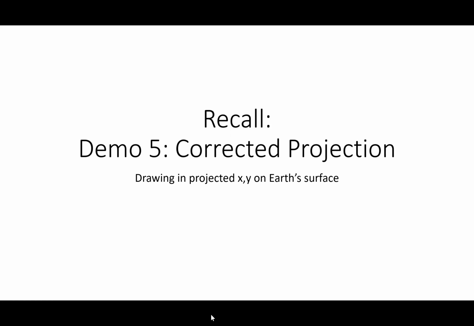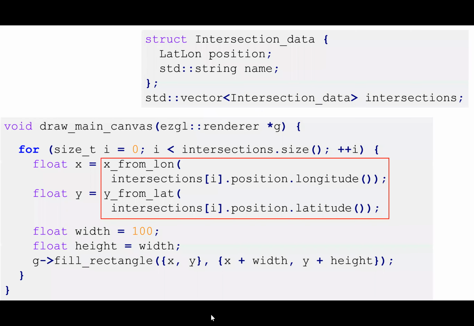We had figured out how to project our map correctly into an XY coordinate system so it didn't look distorted, and we could draw it. And this is what the code looked like. We had this global variable, intersections, and in it we were storing a lat long position of every single intersection.